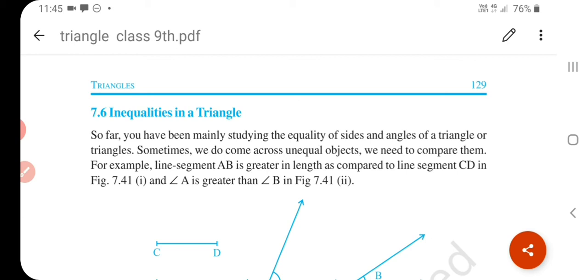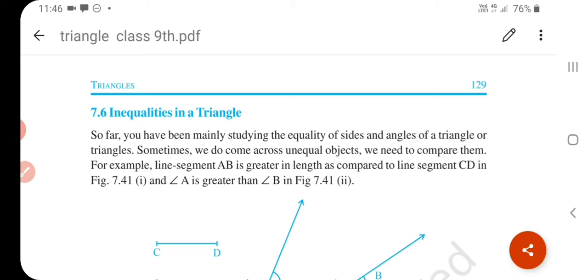Okay, what is inequality? Sometimes we can say that yes, two sides are equal and two angles are equal, then the two triangles are congruent to each other. But here, if we think about the equality of sides and angles of a triangle or triangles, sometimes we do come across unequal objects and we need to compare them.